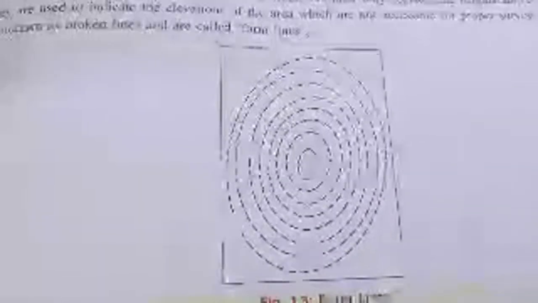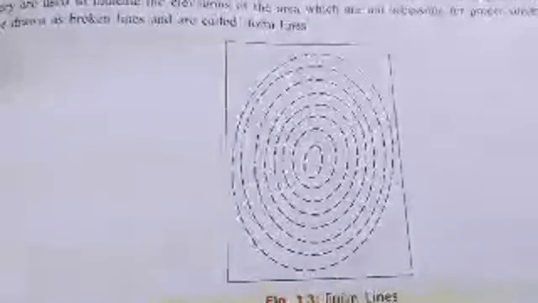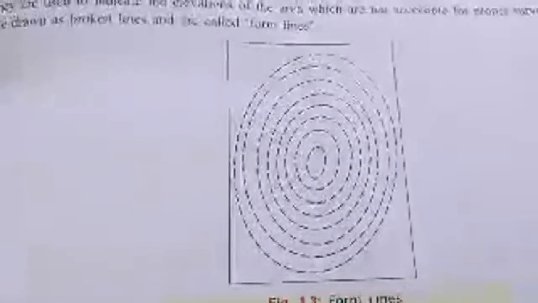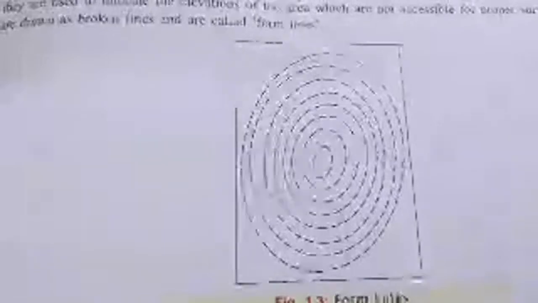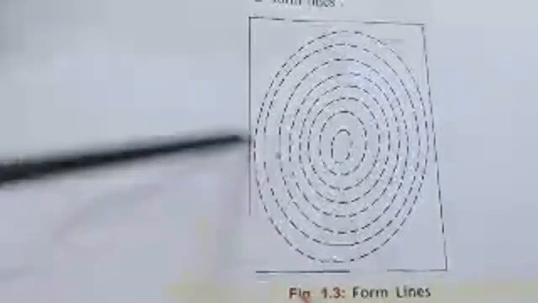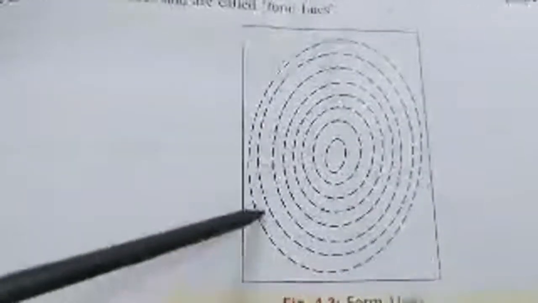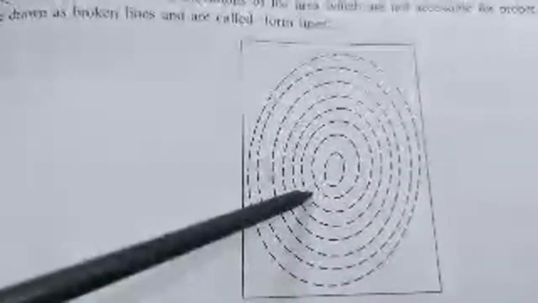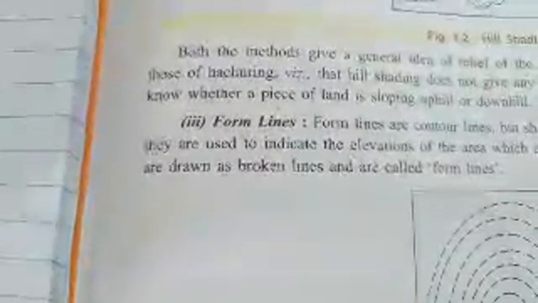So just to show the height, they draw some approximate lines there. It is not accurate height. These lines don't show the accurate heights. That's why they are shown with broken lines. And what do we call this? We call it form lines.